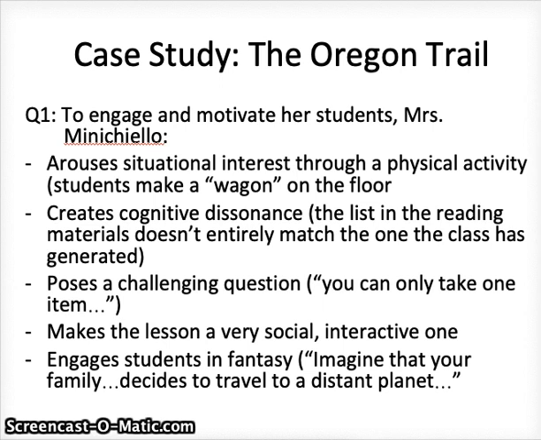She also creates disequilibrium, also known as cognitive dissonance, within students because she gives a list that doesn't match what the class talked about in reference to things that could be brought in the wagon. She poses a challenging question, which is another great way to engage and motivate students. Challenge them to take only one item out of a whole slew of items that they might want to take onto the wagon, but they can't. There's not enough space.